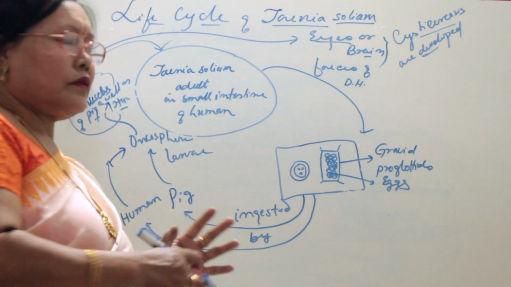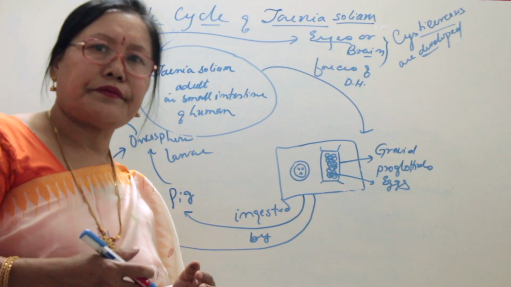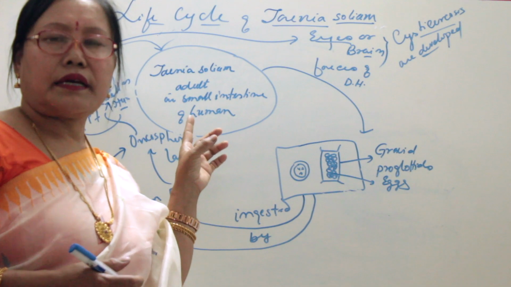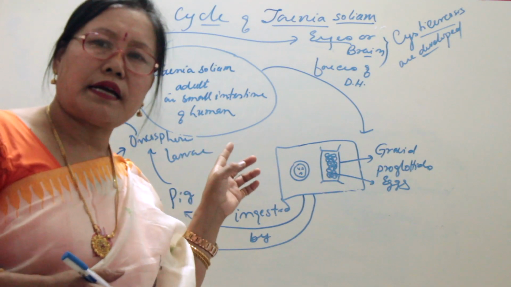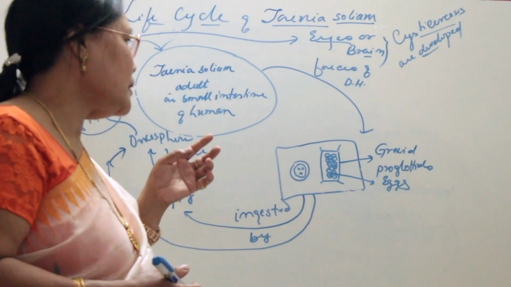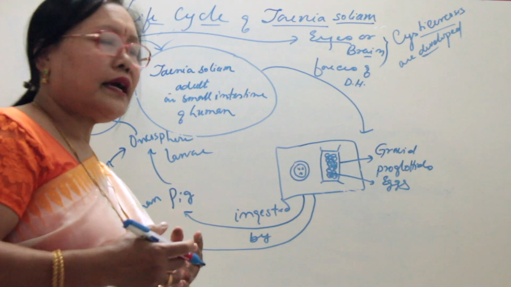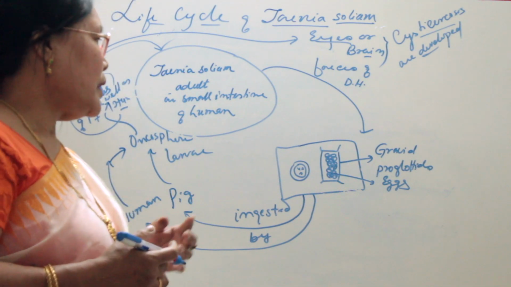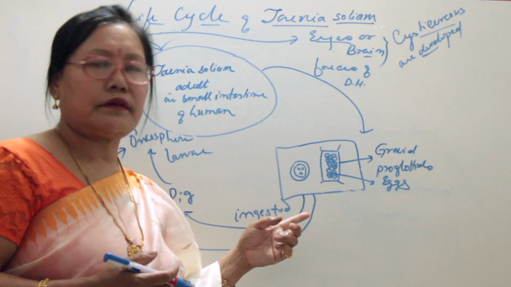So, I repeat again about the life cycle. The adult parasites are present in the small intestine of the human being, and the fertilized, embryonated eggs pass along with the feces and are present in the environment.